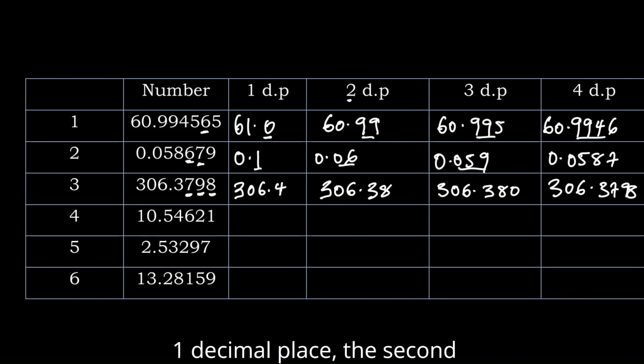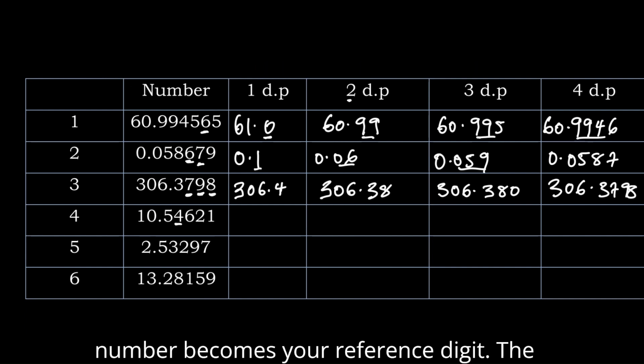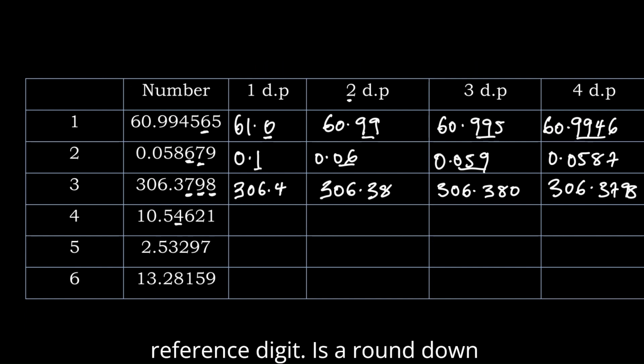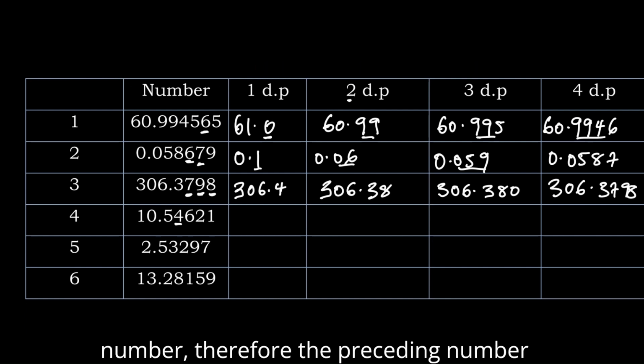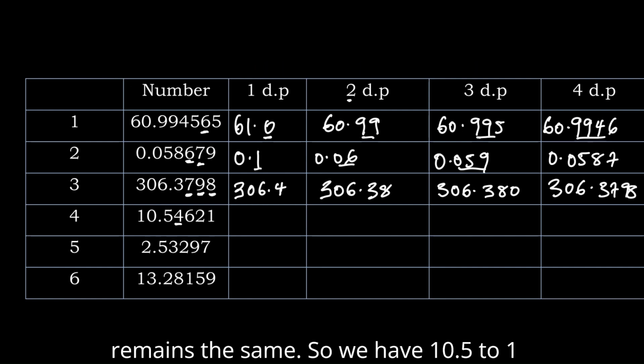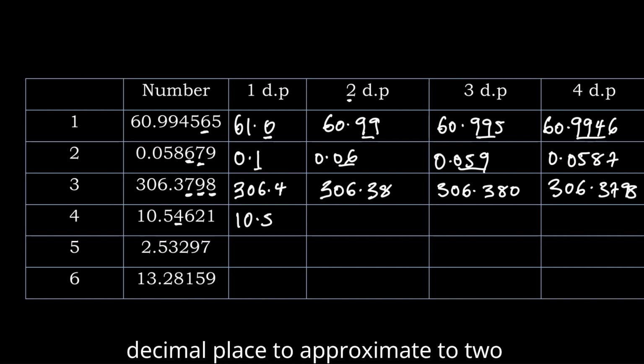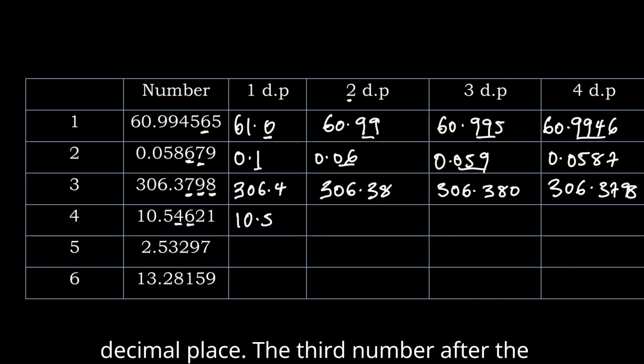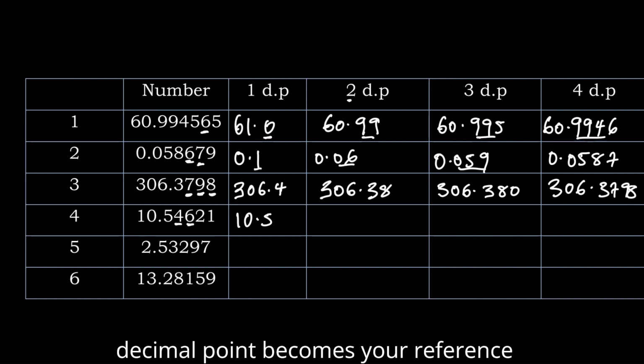Now let's do the fourth one. To approximate to 1 decimal place, the second number becomes your reference digit. The reference digit is a round down number, therefore the preceding number remains the same. So we have 10.5 to 1 decimal place. To approximate to 2 decimal place, the third number after the decimal point becomes your reference number.